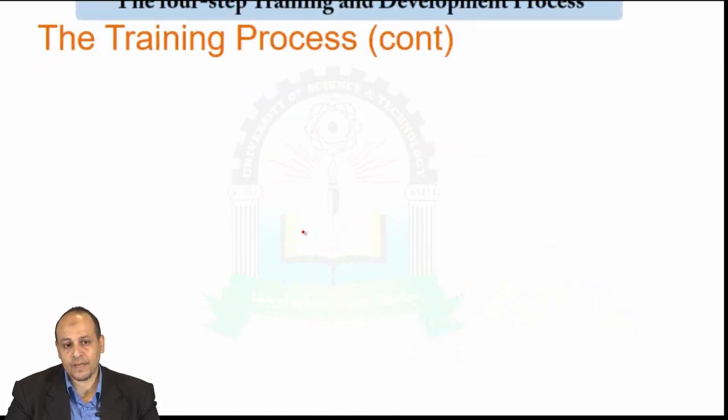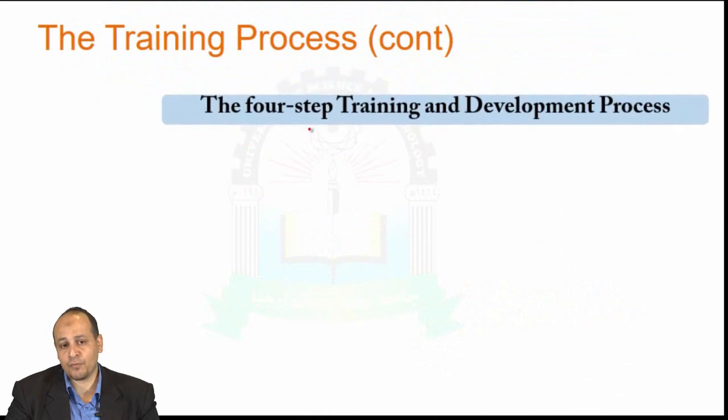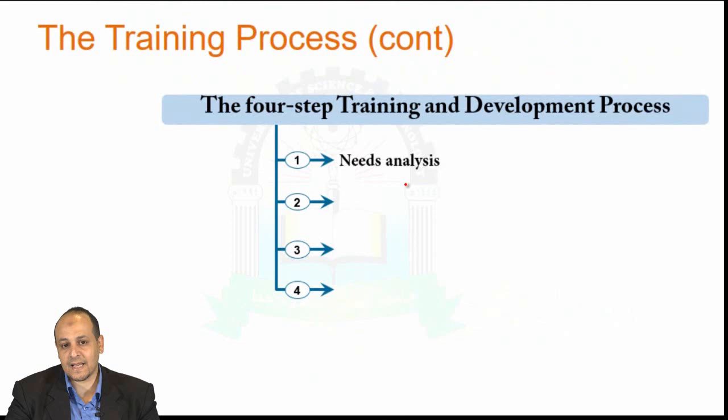Now we start with the first one here as a 4-step training and development process. Need analysis. As we said before, in order to assess the need, we need to analyze the need. So that's why we have need analysis.